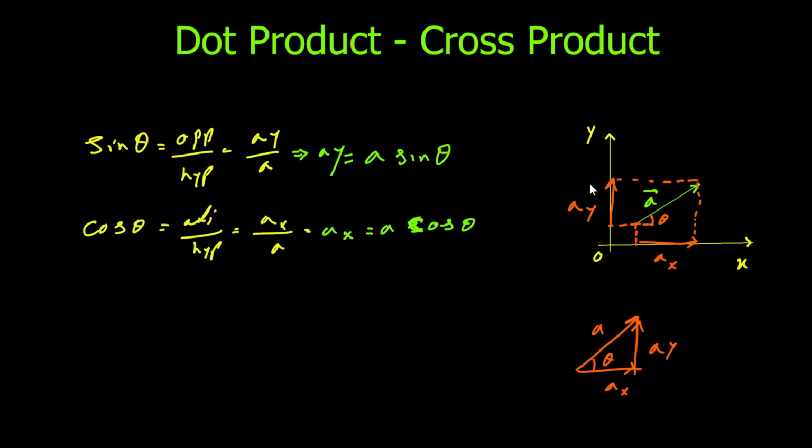Now we have the vector A, and if you want to get the magnitude of it, we take the absolute value of it, which is going to be the square root of ax squared plus ay squared.